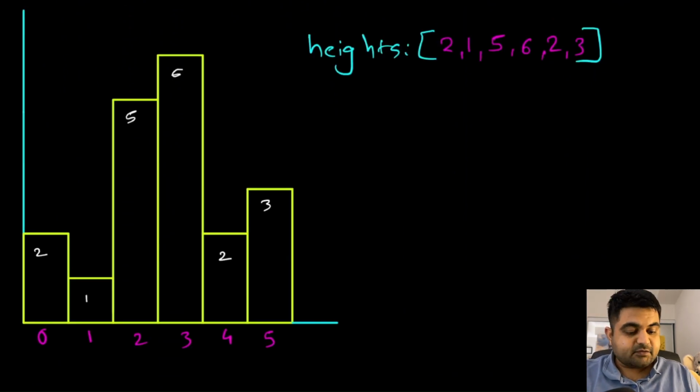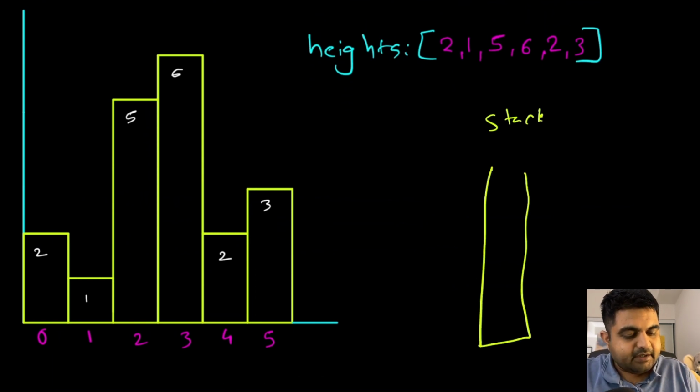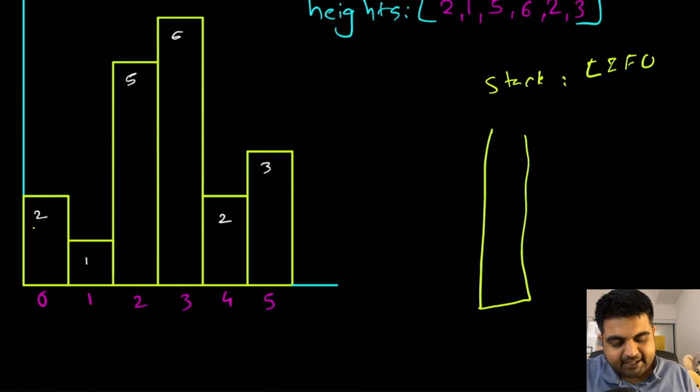So now let's try to see the solution I'm proposing in action. Let's quickly initiate our stack. Inside the stack, we know that this is going to operate on the last in first out principle. The other thing is, we could keep track of the bar heights, but then we would also have to find what the initial position of this particular value was.